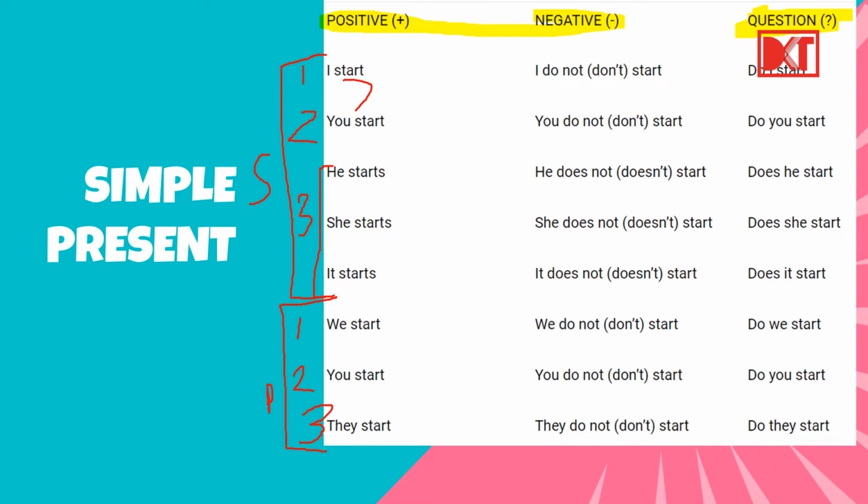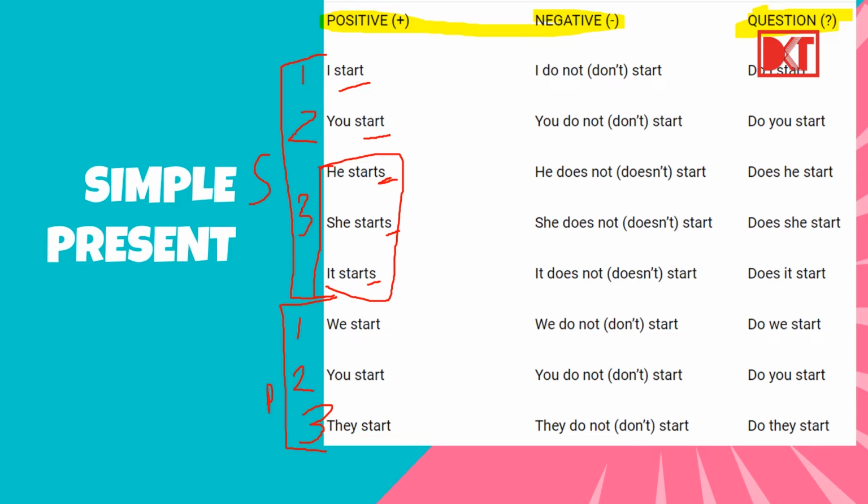So here with the first singular person, we use the subject and the verb original form. Start, subject plus verb. And then for the second person, same subject and the original form of the verb. Similarly for the third person, now this is different. For the third person, what happens is the subject, he, she, it, and the verb with s. Now the verb which we are using is to start.